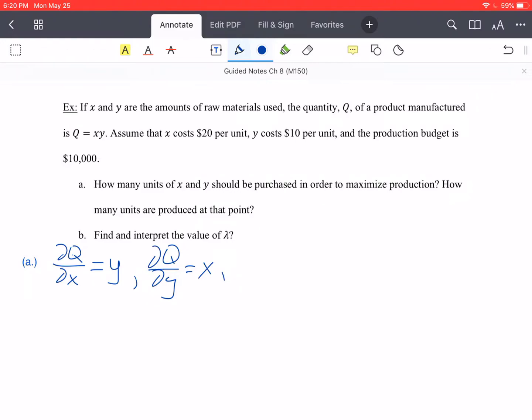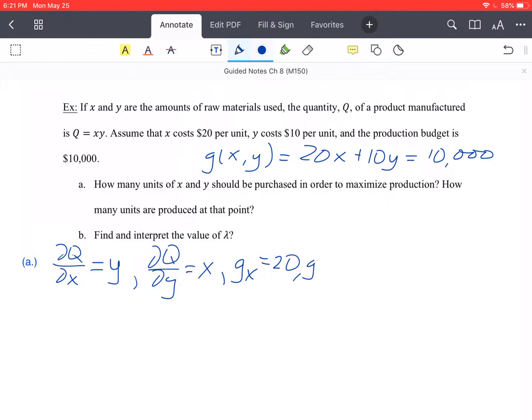And then gx. Our budget constraint is $10,000. So that means that our g of xy, our budget function, is $20 for x plus $10 per unit of y, and they have $10,000 to spend on that. So gx is 20, gy is 10.